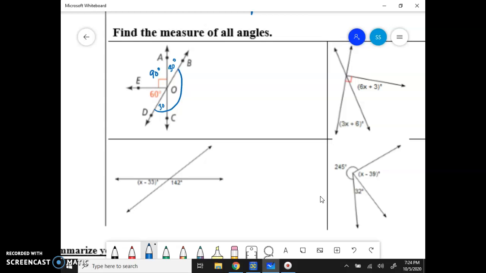That's two angles that are linear pairs, so this whole thing has to be 180 degrees. And if this is 130, that means that angle BOC has to equal 150 degrees. Okay? All right, let's move on here.